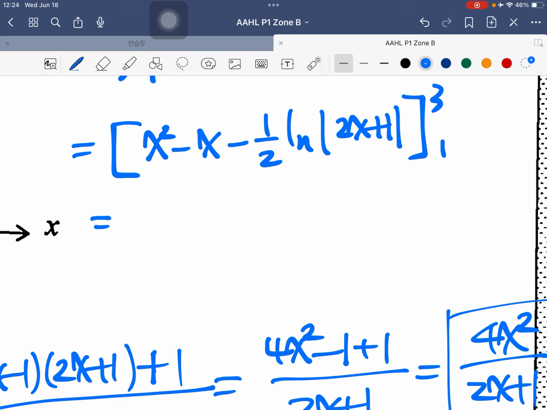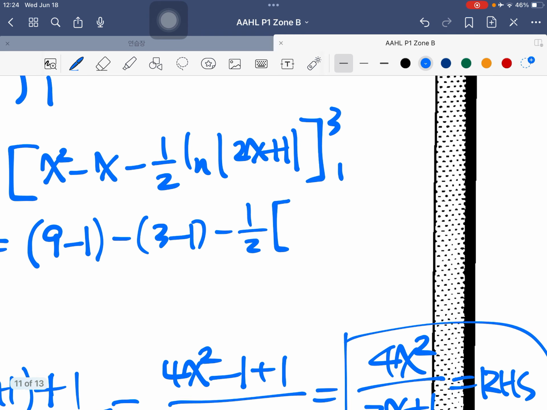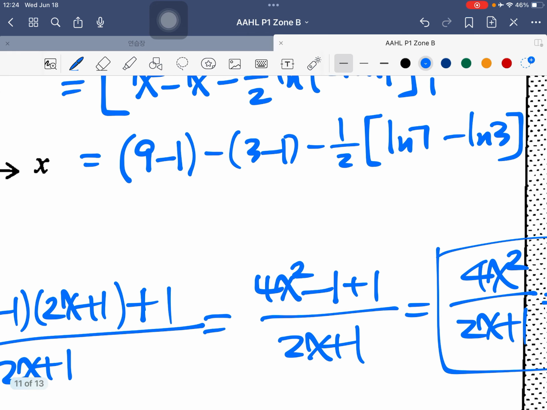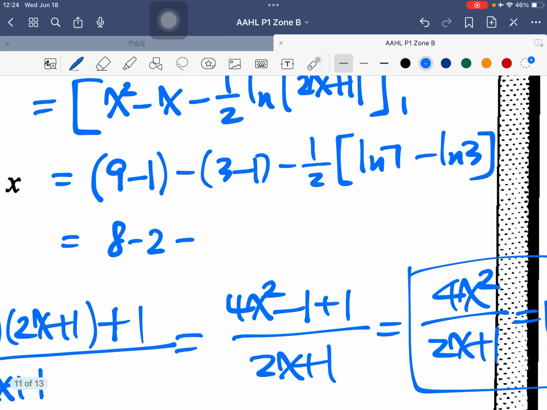So starting from the start, 3 squared is 9, minus 1 squared is 1, minus 3 minus 1, plus 1 over 2 ln of 2 times 3 plus 1, which is ln 7, minus ln 3.